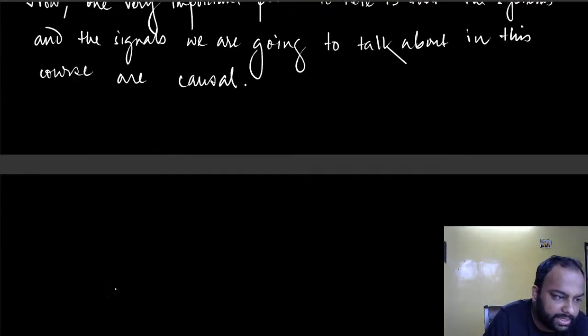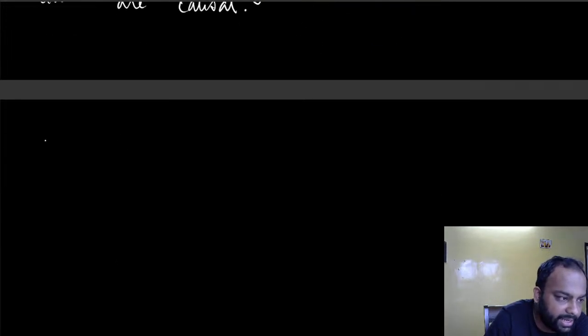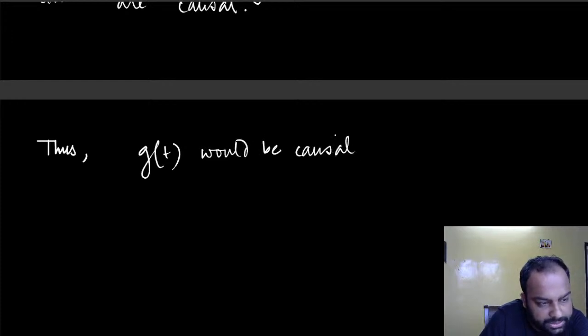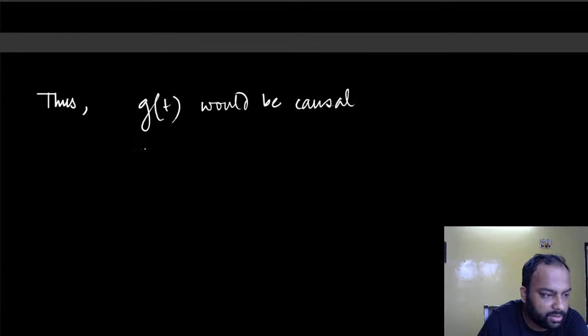I said this earlier. Thus g(t) would be causal. g(t) is the impulse response of the system, and it would be causal.